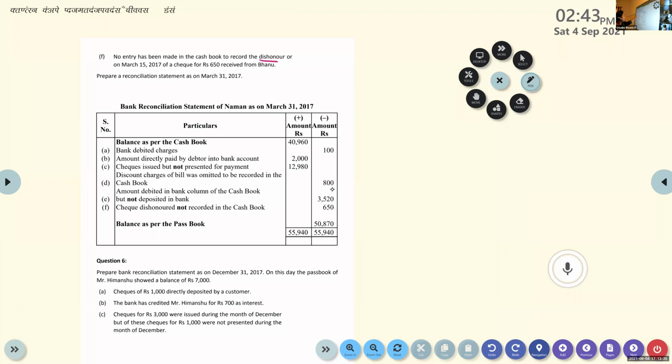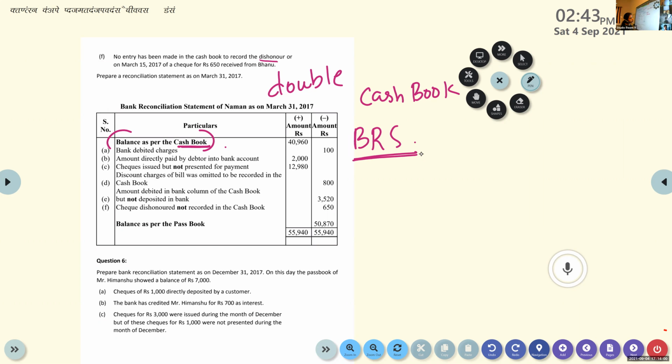We started with balance as per cash book. Cash book balance is given to you. What cash book balance? It is a double column cash book. So here cash book means we are talking about the bank column. Even though the name is cash book, here regarding the BRS, bank reconciliation statement, we are talking about the bank amount column of the cash book.